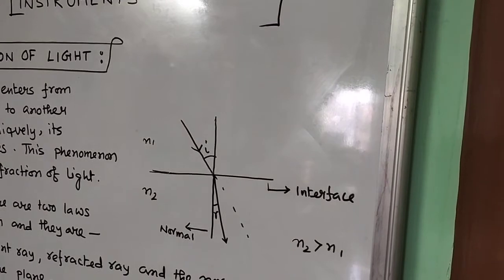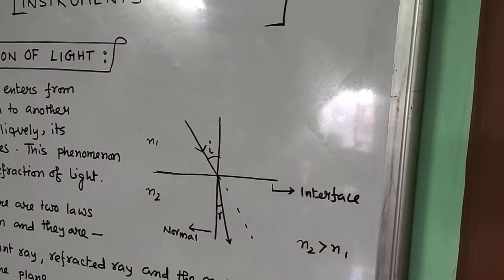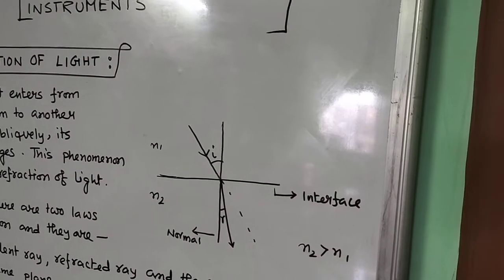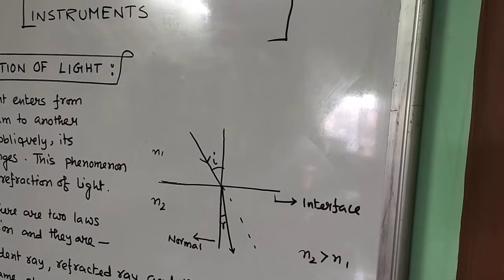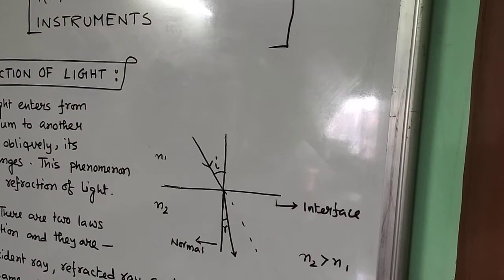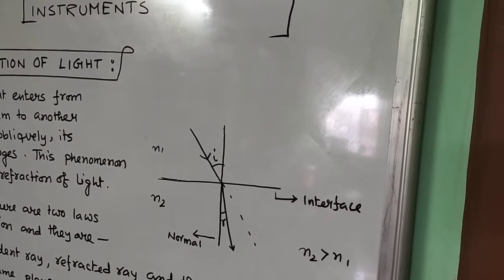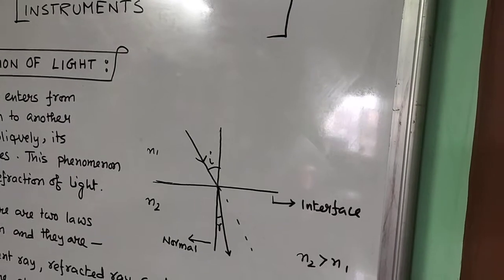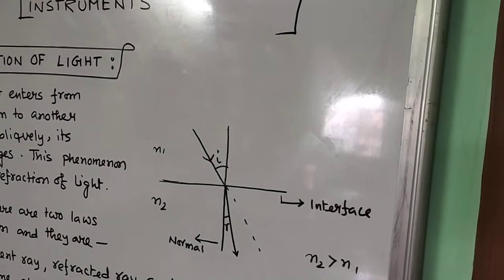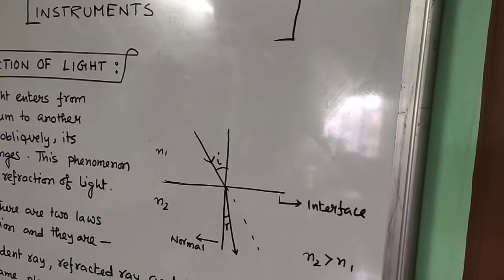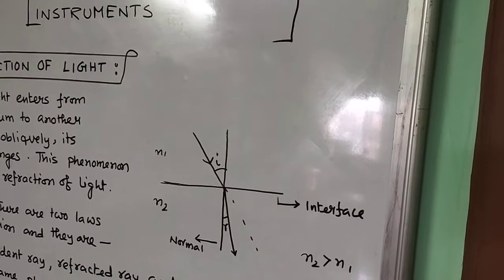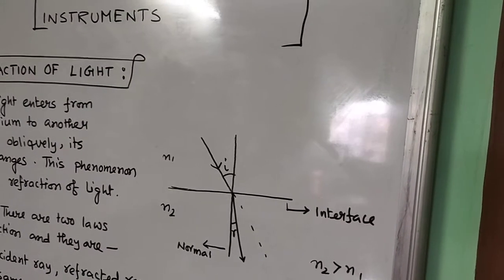Now here in the diagram, we have considered an interface separating the two medium. N1 and N2 is the refractive index of first medium and second medium. So we have drawn a normal. Normal makes an angle of 90 degrees with the interface. Now a ray of light strikes at the interface with an angle of incidence I with the normal.